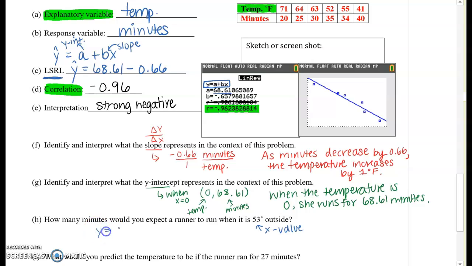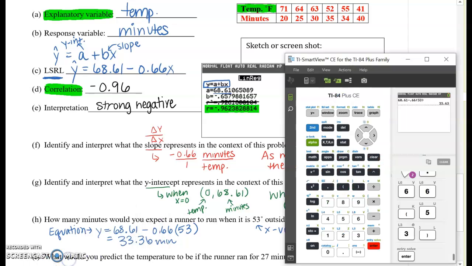You could say y equals 68.61 minus 0.66 times 53, I forgot the x in that. So plugging it into your equation would be one way, and you would get 33.36 minutes.